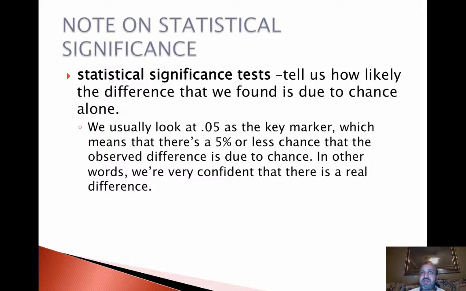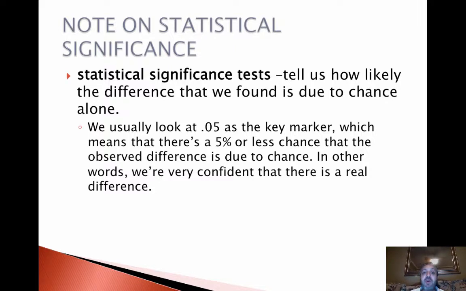But let's say you do this example, you do the statistical significance test, and it comes out as 0.001. That means there's like no chance that these differences are due to chance. In other words, that's a really powerful difference.